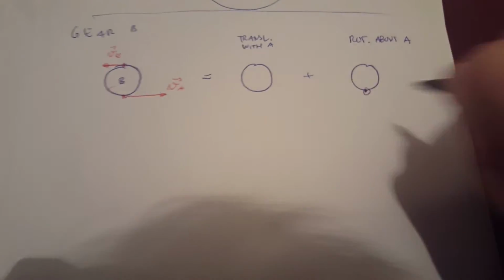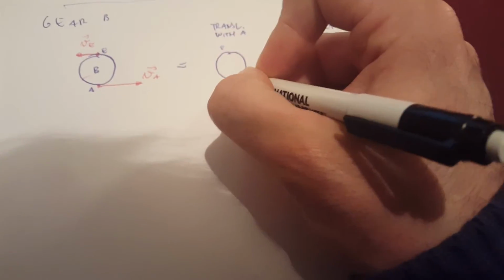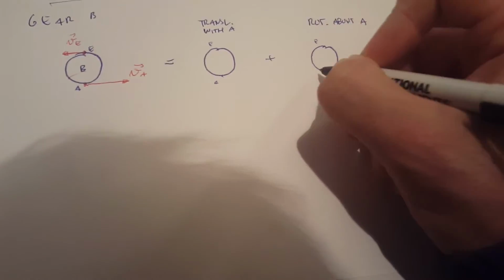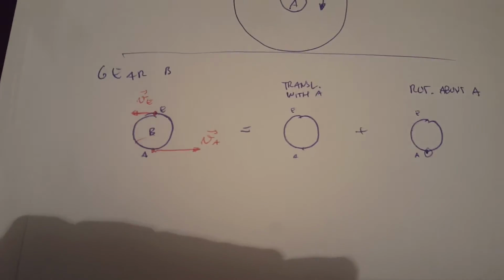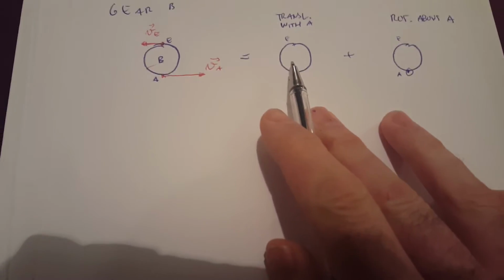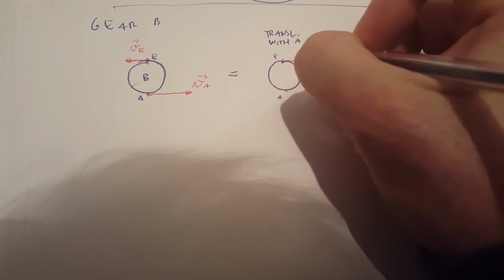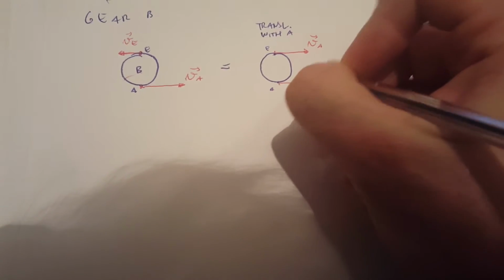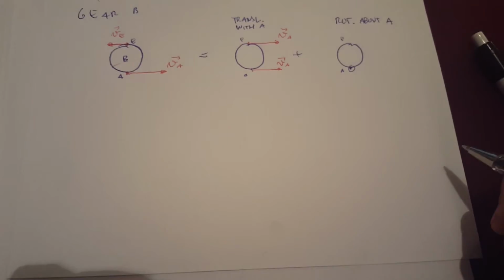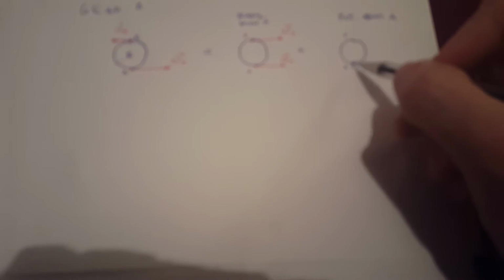So this is point A, this is E, this is E, this is A. Now I'll sketch the vectors. Pure translation with A means all the points move at the speed of A, so this is VA and this is VA. And rotation about A means that all the points rotate about A, or point E rotates about A in a pure rotation.